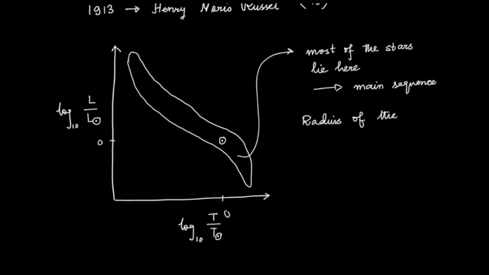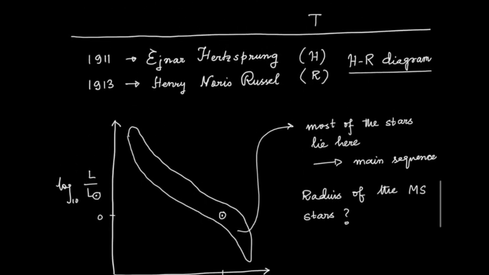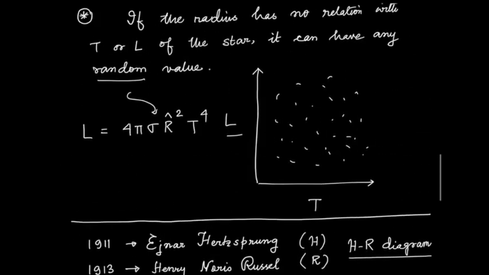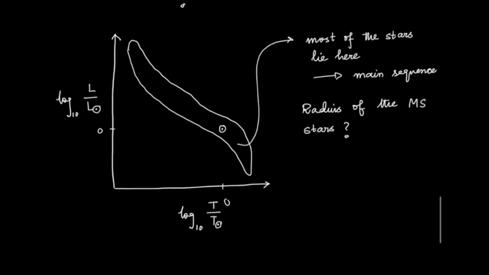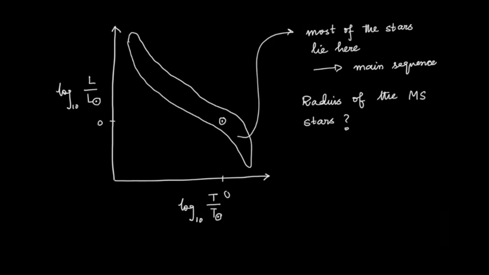What about the radius of the main sequence stars? Well, we just discussed that if the radius were completely random, this HR diagram would look random, which it does not here. This essentially tells you that the radius either is constant, which you also saw in an example, or it has a certain relation with either T or L or both.